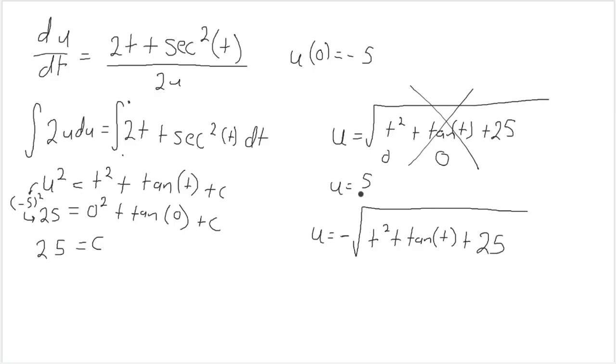And if you plug that in, you'll indeed get u equal to negative 5. So whenever you're left with a condition like this, be wary and use it as a precaution that you might not be done yet until you have verified that by plugging this in, you can get the negative 5.